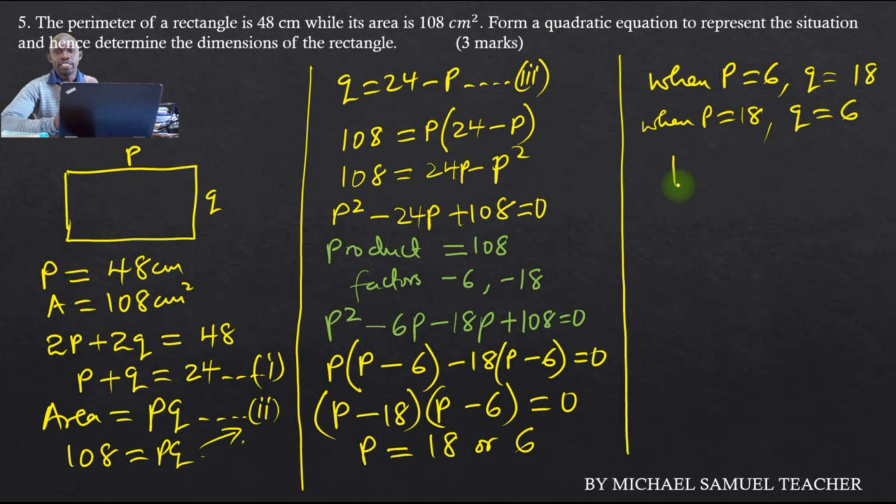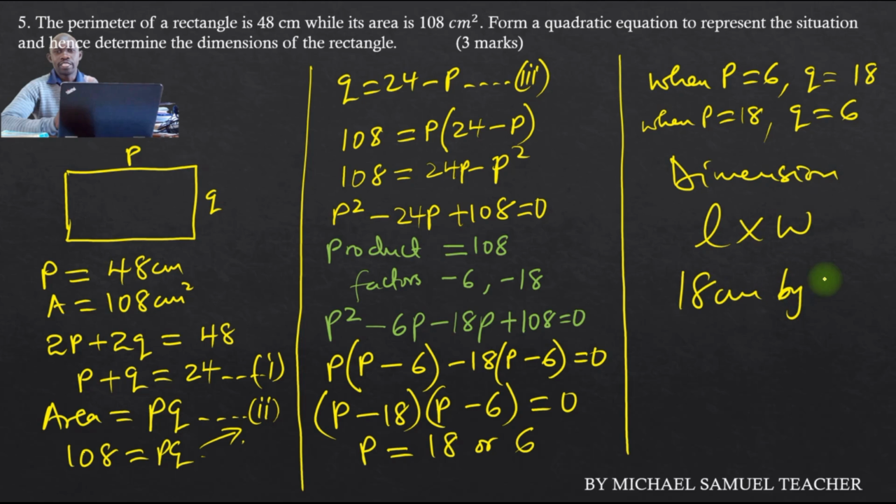Hence the dimension. Now the dimension is normally length by width, so it is 18 centimeters by 6 centimeters. So that is the dimension of the rectangle. We move on to question 6.